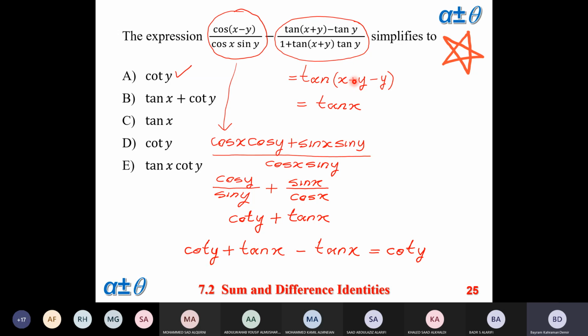Well, z is x plus y, so minus y plus y is cancelled. So this is equal to tangent of x. You see? Now when you move here, minus tangent of x, cotangent y plus cotangent x from here, and then this is subtraction, as you see, minus tangent x, which is going to be cotangent of y. Yes.